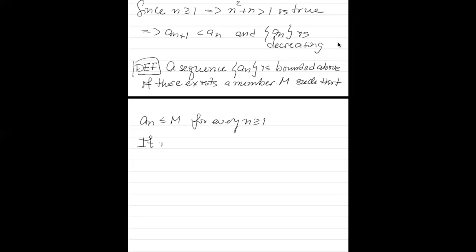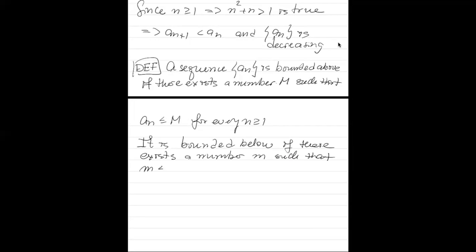and it is bounded below if there exists a number, we'll call it little m, such that little m is less or equal than any element in the sequence, and that's true for every n greater or equal than 1.